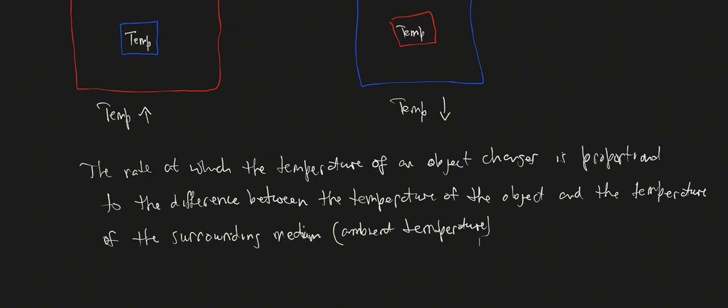You could be outside in nature, and it's hotter during the day, obviously cooler at night. So this temperature could be constant or variable.